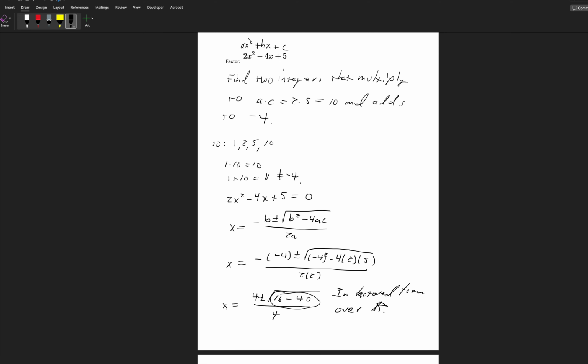So it's already factored over R. Okay, that's R with a slash in it. That means the real number system. So it's already factored, which means it's already in the simplest form over the real number system. So this is it. Okay.